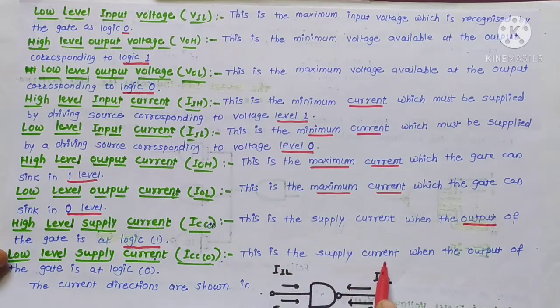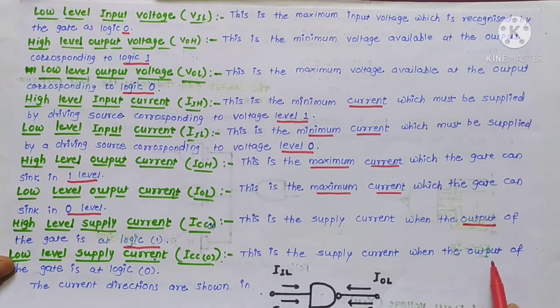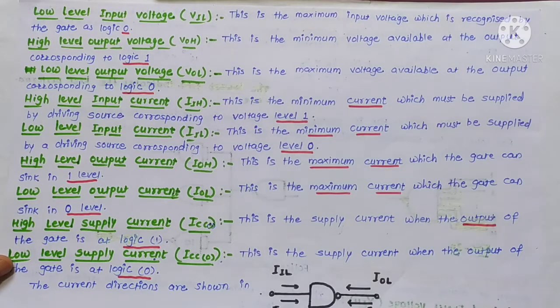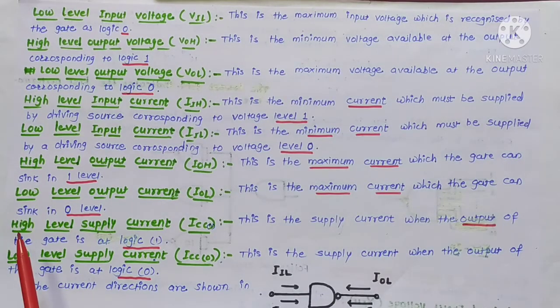This is the supply current when the output of the gate is at logic 0. Students, remember that when it is the high level supply current, at that time the output of the gate is 1, and the low level supply current is ICC0 at that time when the output is logic 0.